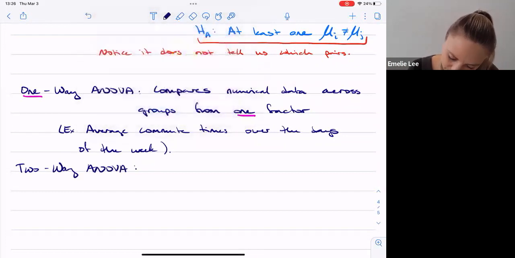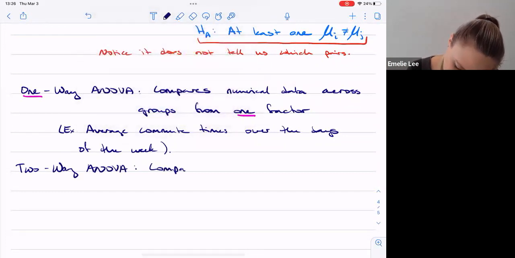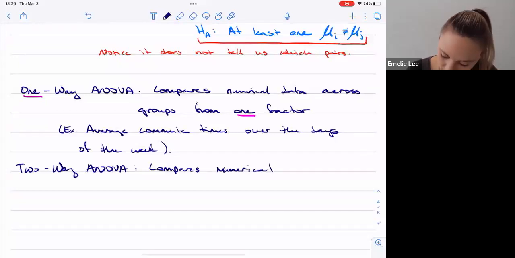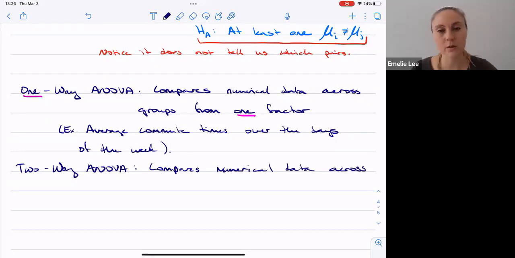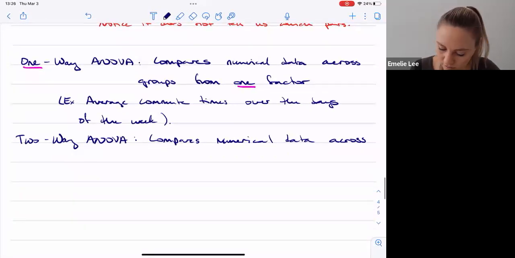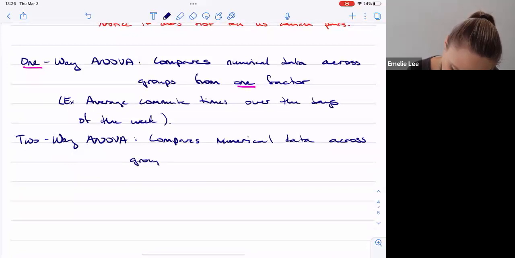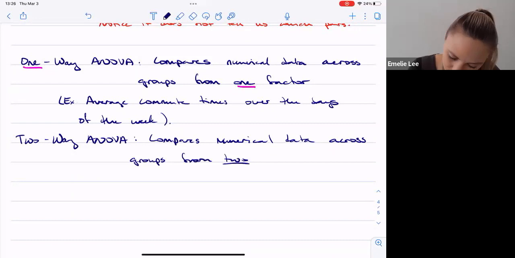A two-way ANOVA compares numerical data, does the same thing, but across groups from two factors.